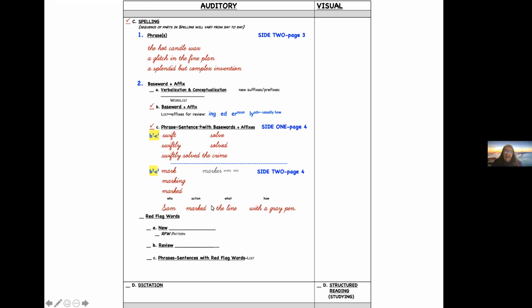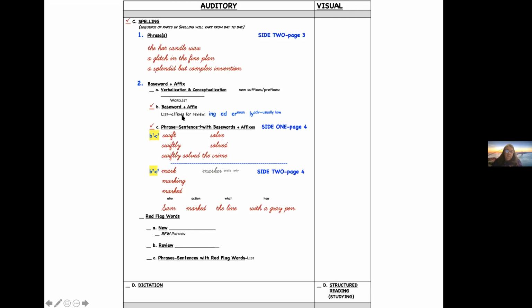Yes. And then when you get to red flag words, I don't have a number here because the only red flag words in these phrases and sentence were the and So I didn't need to practice those red flag words. But if I'm teaching a new red flag word, it would go here. If I'm reviewing red flag words, they would go here. And then I can have a phrase or a sentence using the new or review red flag words.